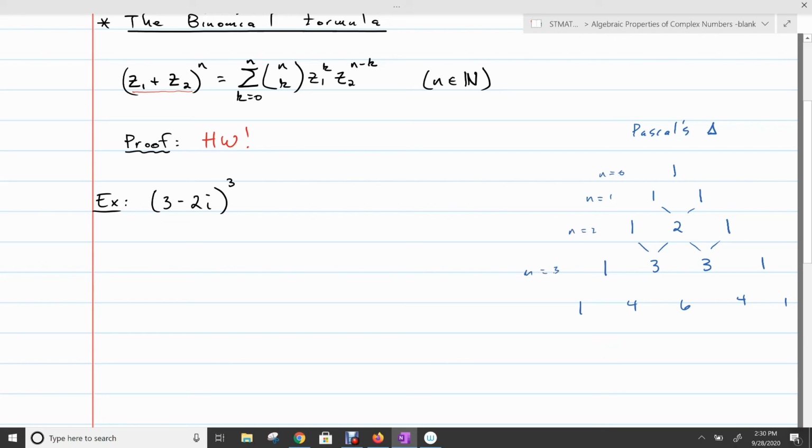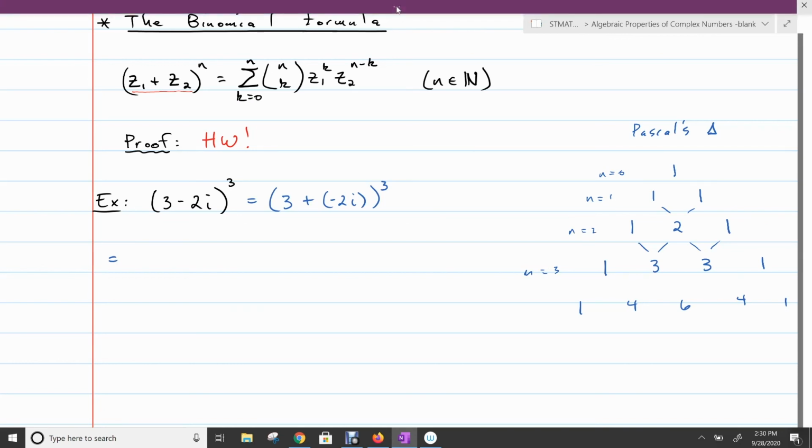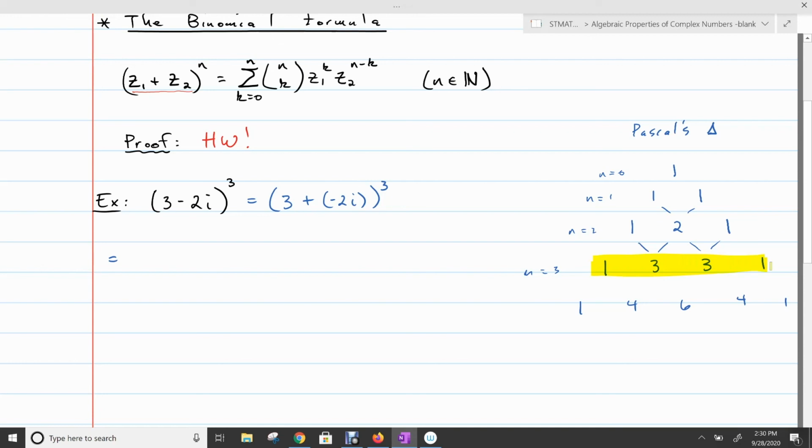So to do this example that I have here of doing 3 minus 2i to the third power, first of all, let me think of that as 3 plus negative 2i to the third power. And then the way the binomial formula would be applied is you take this third line here, and those would be the coefficients that you're going to have from the binomial formula.